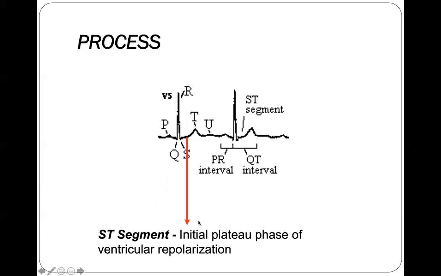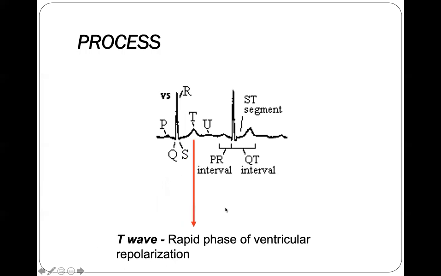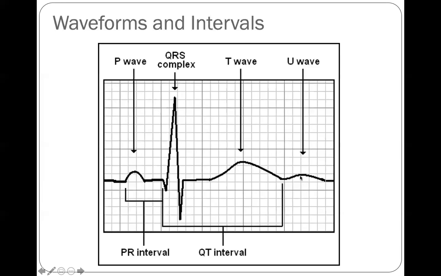Then the ST segment, which is the initial plateau phase of ventricular repolarization. And then the T wave, which is the rapid phase of ventricular repolarization. And there is a very small wave called the U wave. What does the U wave represent? It represents repolarization of Purkinje fibers.